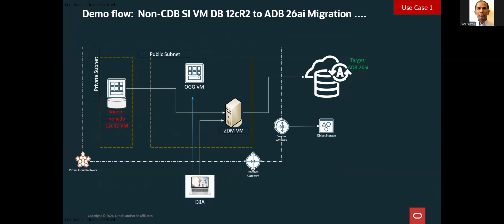By the way, if you use ZDM and this comes with the Oracle Golden Gate VM software from the marketplace, you don't have to pay for the Golden Gate. You just pay for the VM infrastructure for that migration duration. And then for ZDM, we need a VM. You just provision a VM. I'll show you how to do this in the next video.